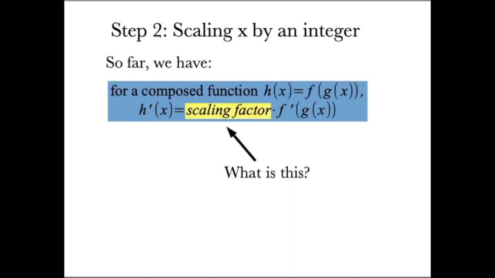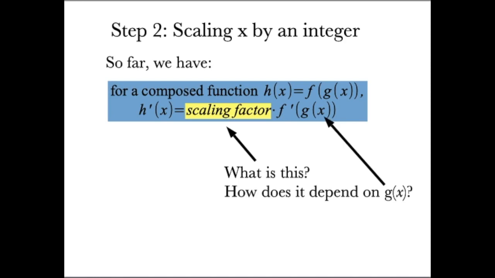To summarise, we take the derivative of the outer function, f(x), I'm calling it here, with respect to the function that's used as the input, g(x), and then we have to multiply this by a scaling factor. And so the final question is, what is that scaling factor, and how does it depend on our function g(x)?